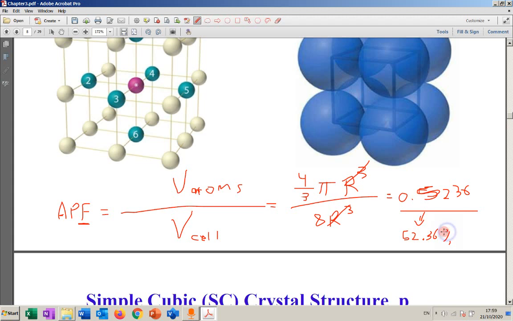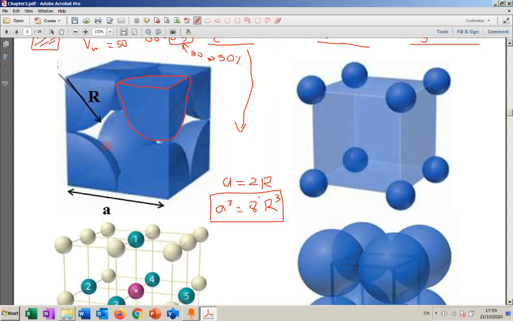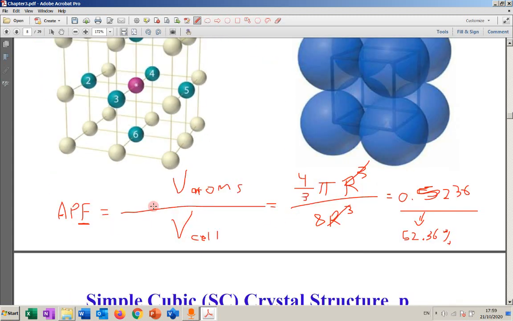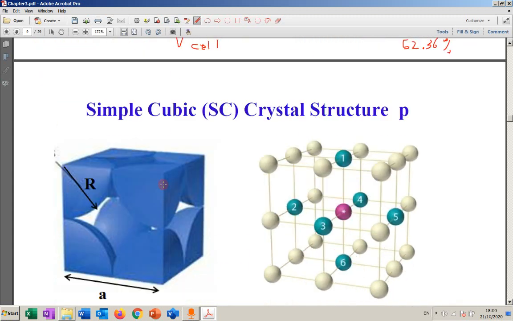Look, a big void we have here. Within this cube 52% is solid, the rest of it is void. This is what we calculated here.